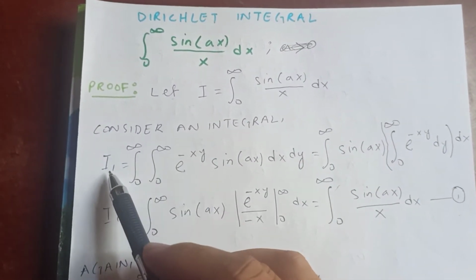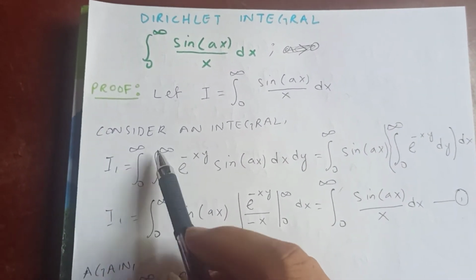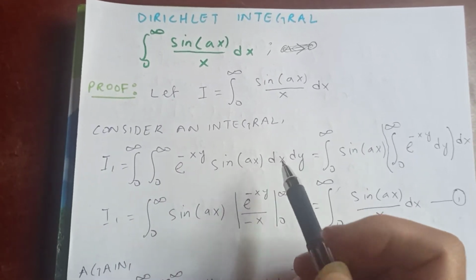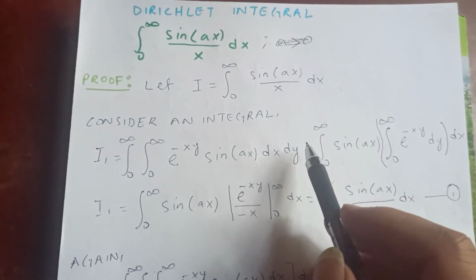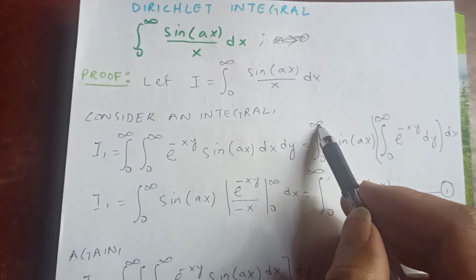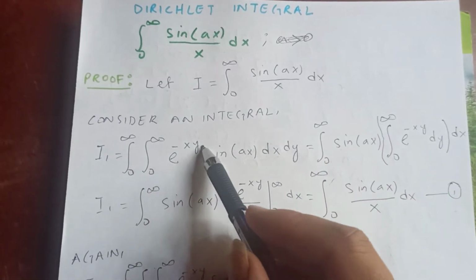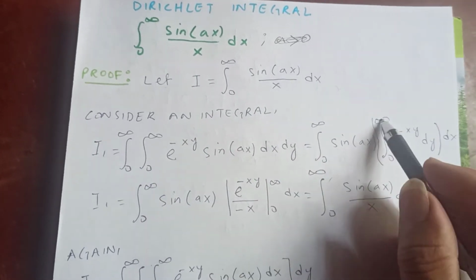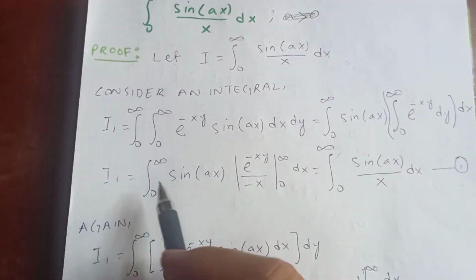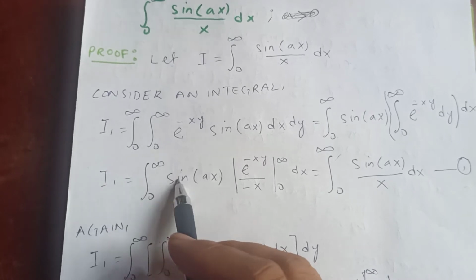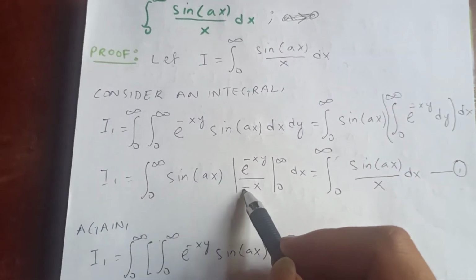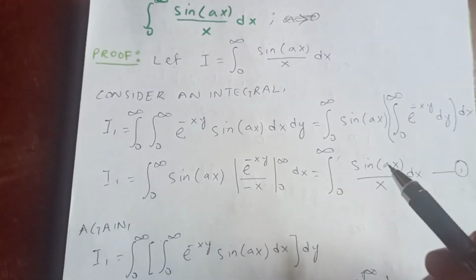Now consider the integral I1, the double integral from 0 to infinity of e to the negative xy sin ax dx dy. Now I'm going to take x first, so the integral from 0 to infinity of sin ax, and integrate the y part: the integral from 0 to infinity of e to the negative xy dy dx. Therefore I1 is the integral from 0 to infinity of sin ax times, if you integrate this, e to the negative xy upon negative x, from 0 to infinity.